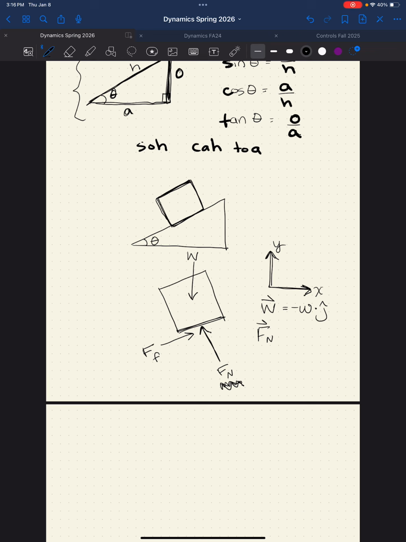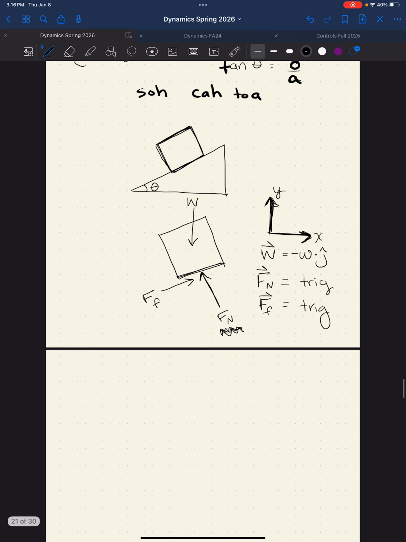So that means that writing Fn and Ff as vectors is going to need to use trig. And that trig is just going to be kind of nasty.